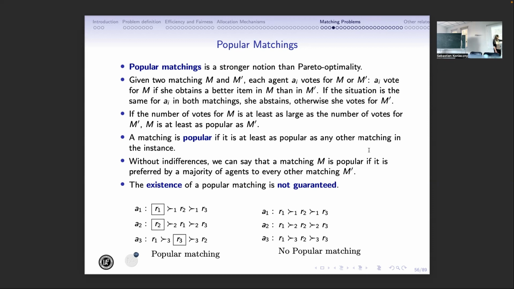The second one will prefer a matching where he obtains his top resource, and the third one will obtain his third resource and will prefer all other matchings because he can obtain R2 or R1. So in this case, there does not exist a popular matching.